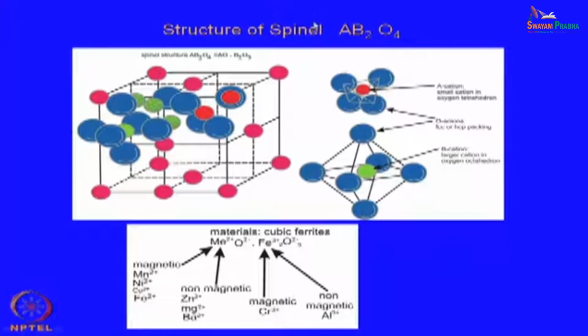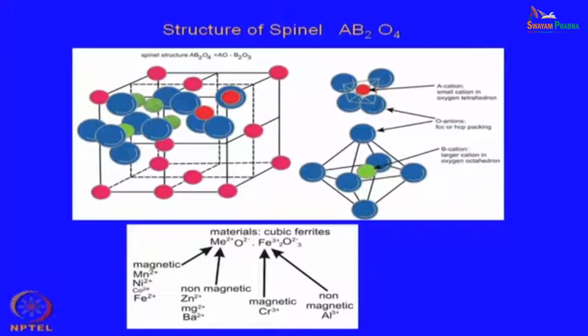This particular compound, just like calcium fluoride has a mineralogical name, fluorite, or sodium chloride has a mineralogical name, rock salt, here magnesium aluminate has the mineralogical name spinel, and that is the reason the structure type is called spinel. Oh, I forgot to mention that perovskite is the mineralogical name of calcium titanate.